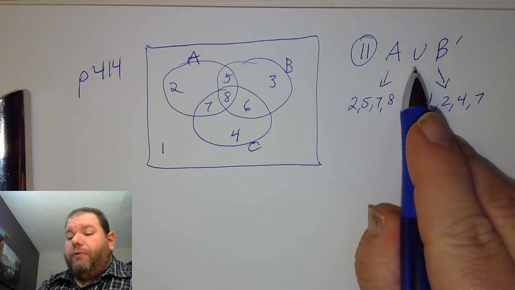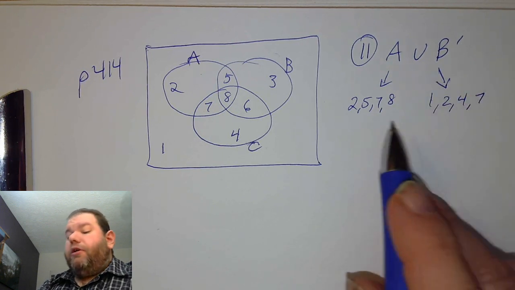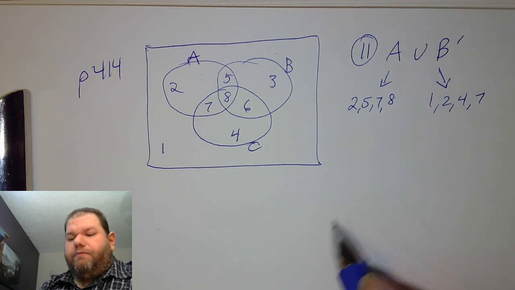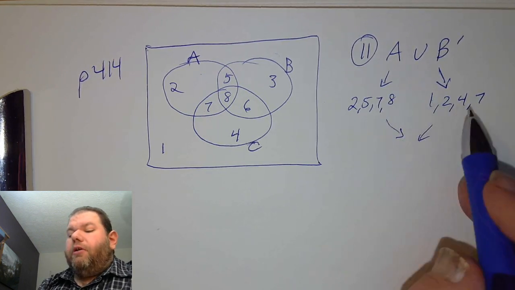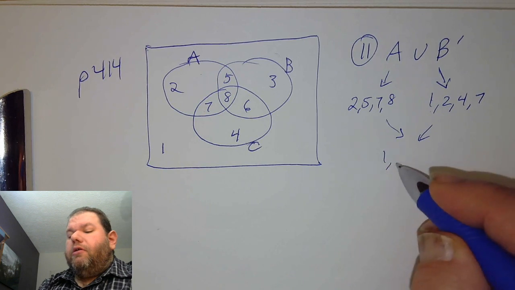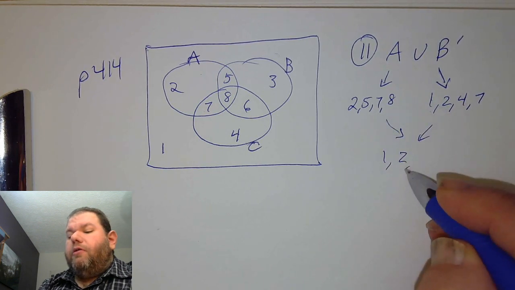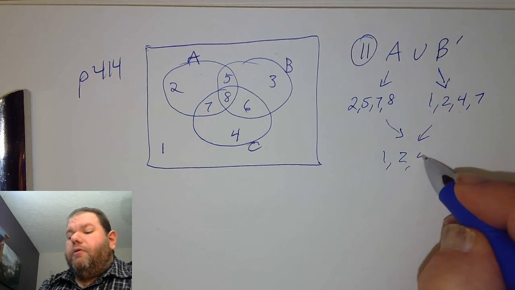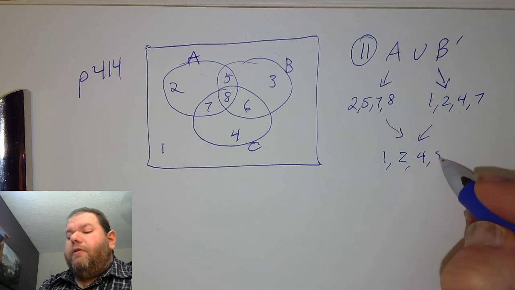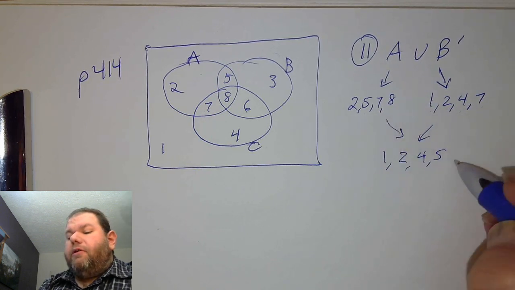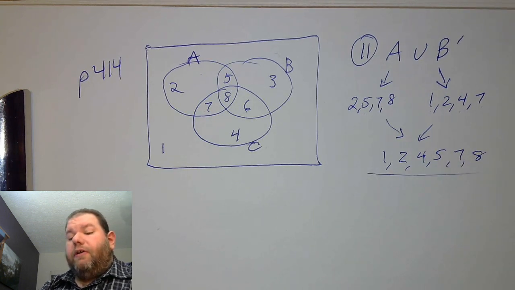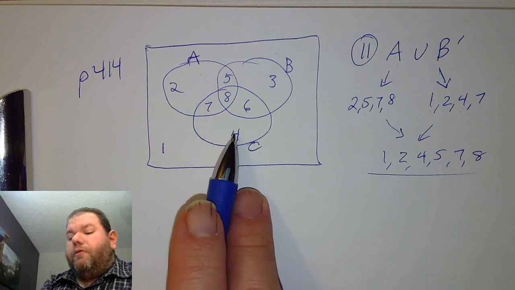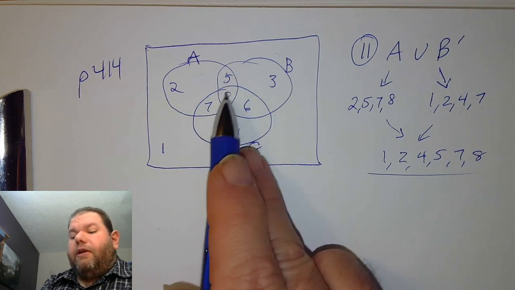And so because we have the union, we're going to combine those together. Between them, we get 1, 2, 4, 5, 7, and 8. So all of these sections, which is 1, 2, 4, 5, 7, 8.